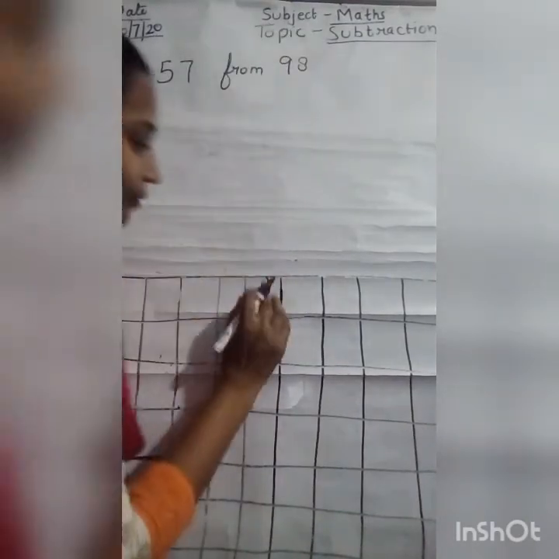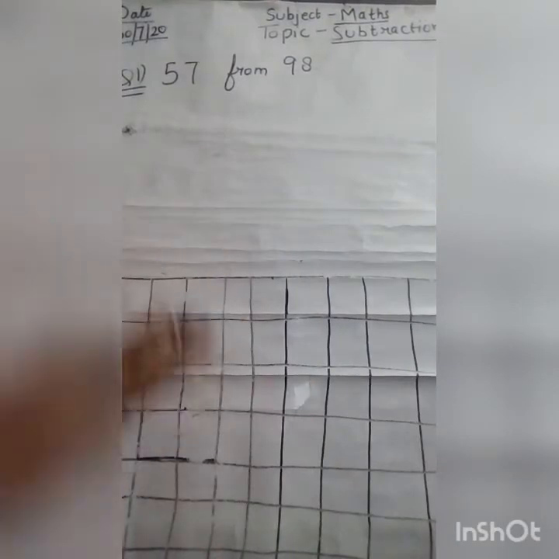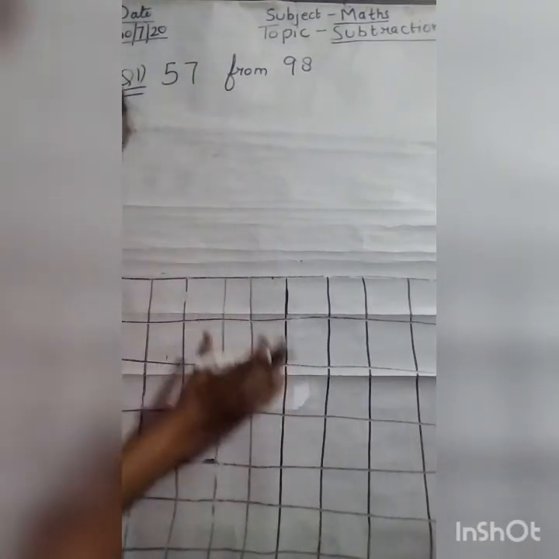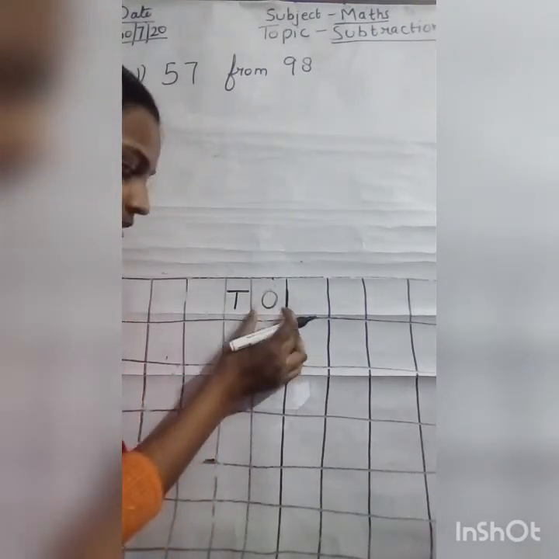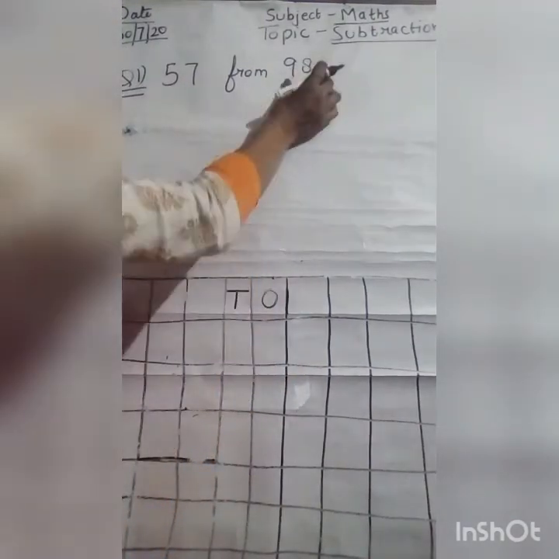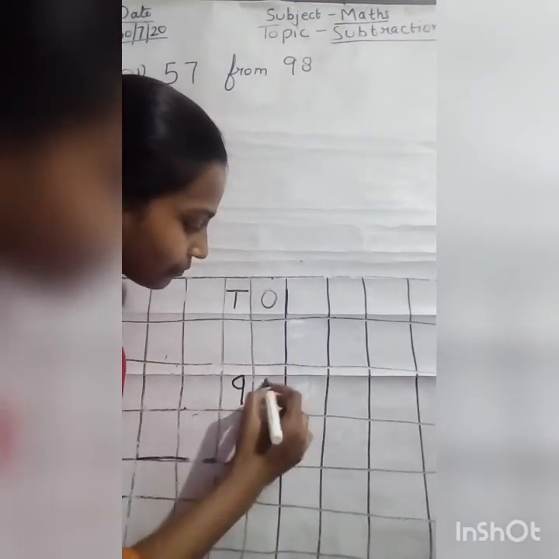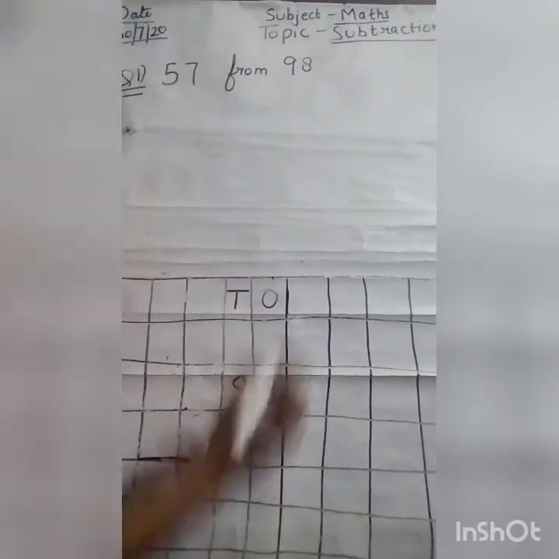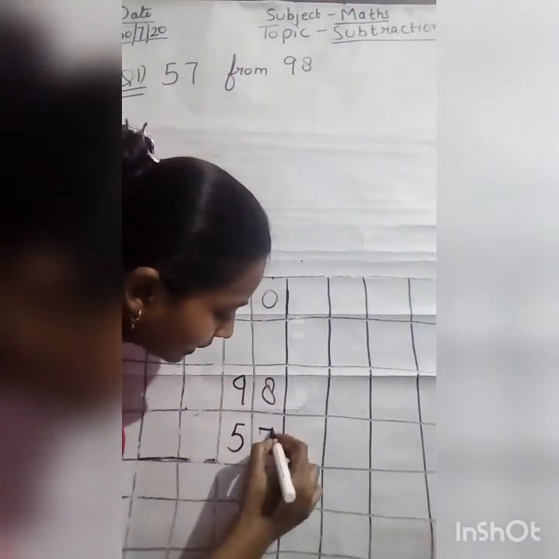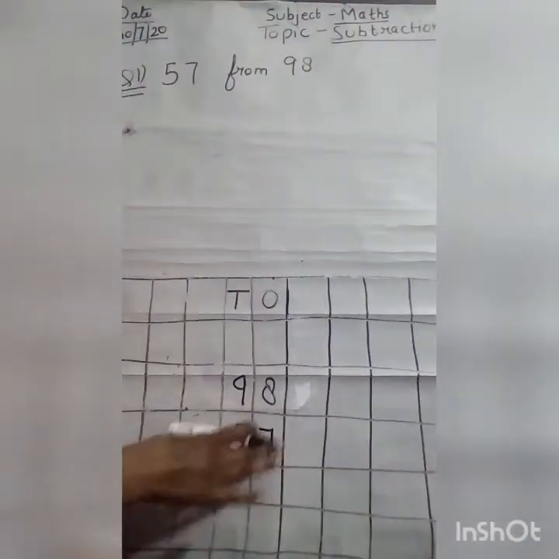As I told you before, we write the greater number on the first row. This is the ones column and this is the tens column. Firstly we write 98 and leave one column for the borrowing number. Now 57 below this.